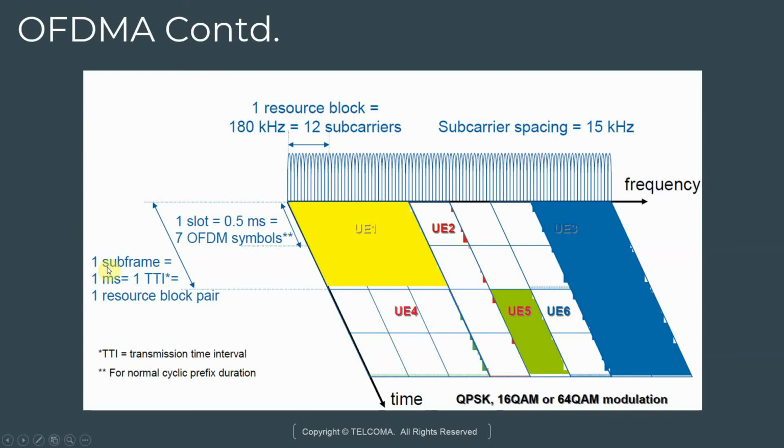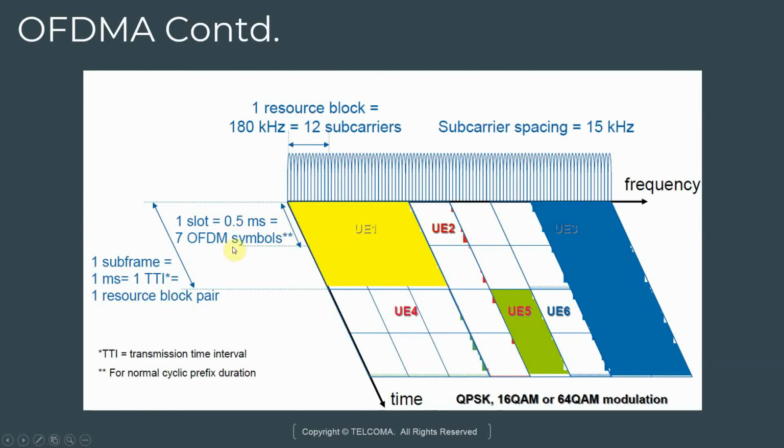Same as what we learned before, one subframe is equal to 1 millisecond, equal to 1 TTI, equal to one resource block pair. So one resource block pair is actually composed of two physical resource blocks, where one physical resource block is 12 subcarriers spread over one slot. So this guy and this guy.